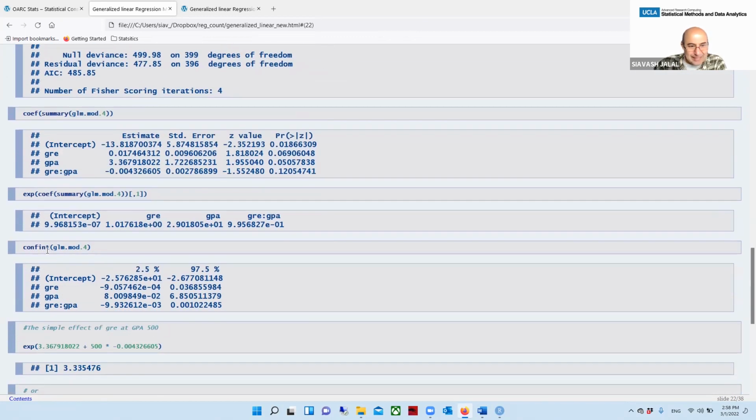This confint function gives you the confidence interval for the coefficients. I will talk about how they calculate it. Basically, they have the estimated value, they have the standard error of this estimate, they have the z-value, and they calculate plus minus 1.96 times the standard error of that estimated value.